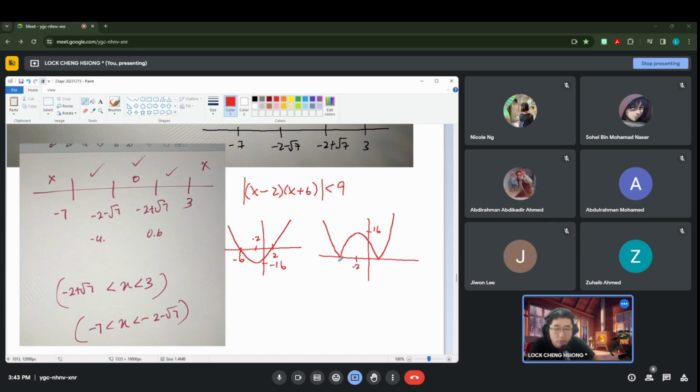This one is negative 2, this one is negative 6, this one is 2, this one is 12. And you have a 9. So this one is out. You can see from here, this is not accepted. This is y equals 9.